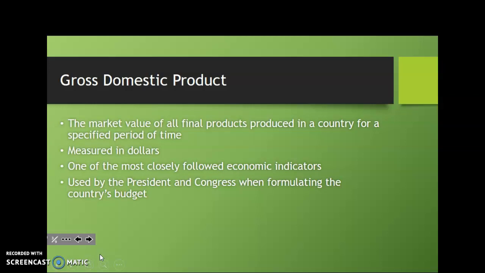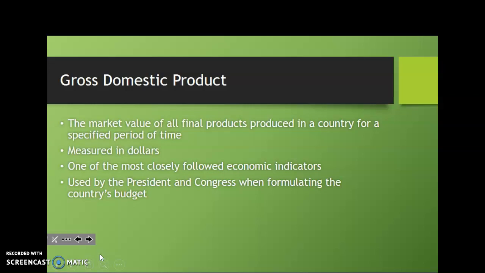Now, per capita GDP is the GDP of a nation divided by its population. It shows the amount of economic output for each person in the country. And when per capita GDP is high, there's more economic output per person, and that is a good thing for the country. It shows that the country is profitable.